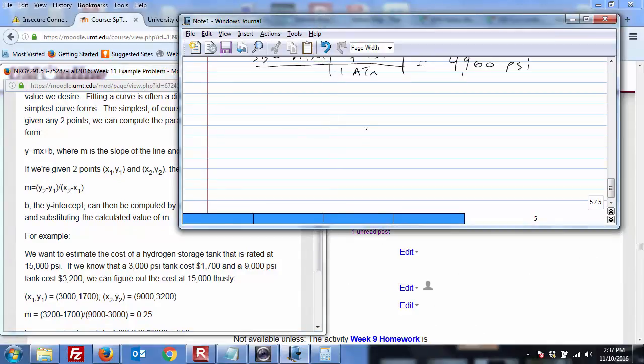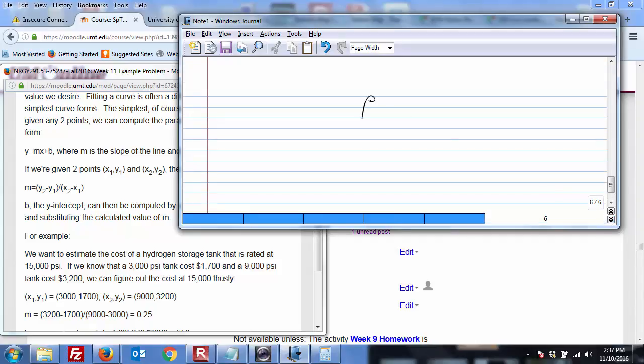So we have PSI rating, and then we have cost over here.